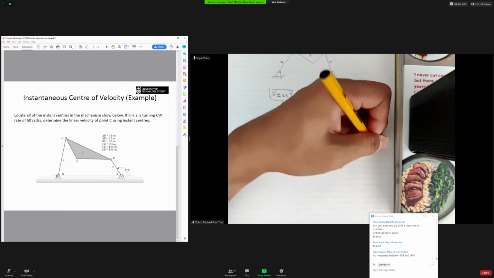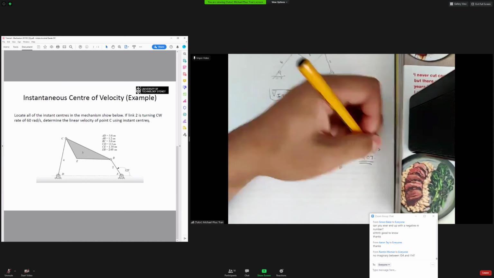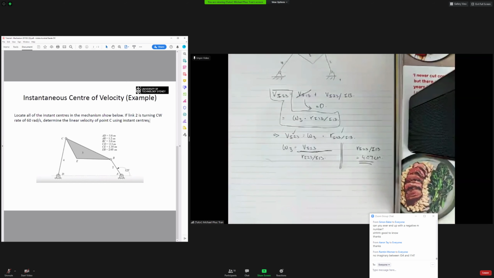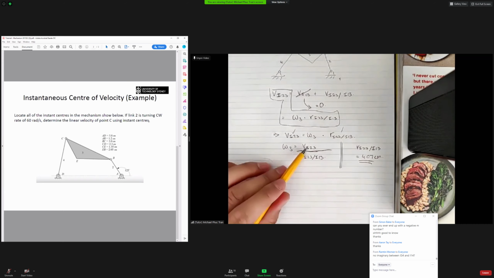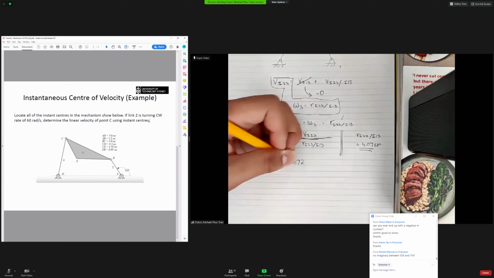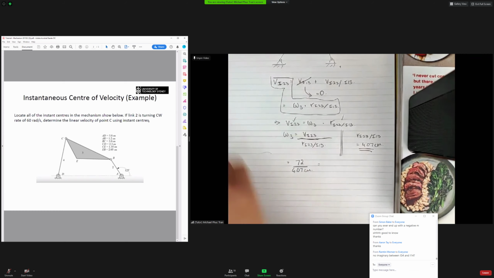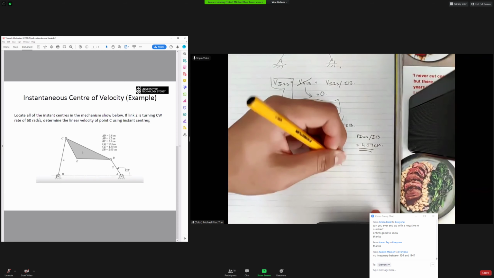I23, I13 equals 4.07, and we've got that from a previous calc. 72 divided by 4.07 equals 17.69.